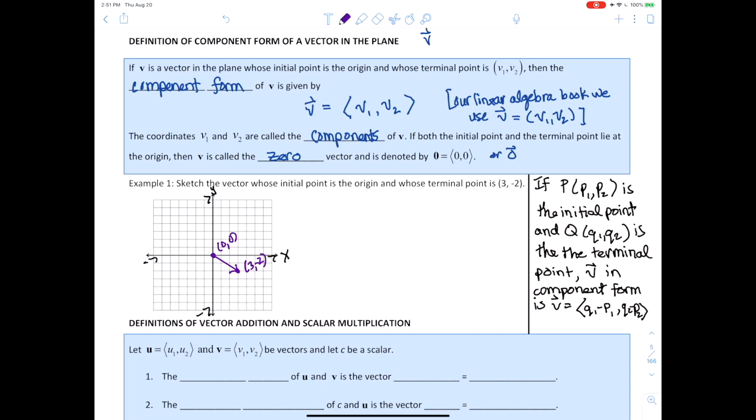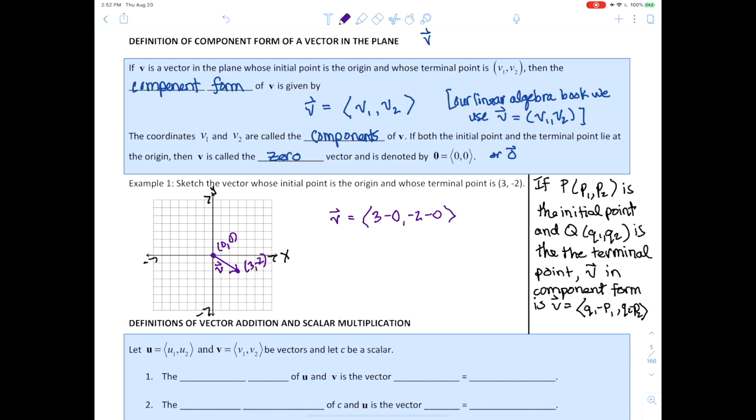Now, what is vector v in component form? Well, our vector v is right here. And writing vector v in component form, we would have v is equal to, what would our q1 be? Beautiful. We'd have (3 minus 0, negative 2 minus 0).